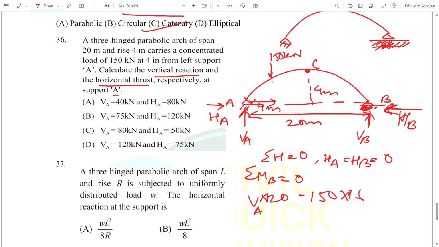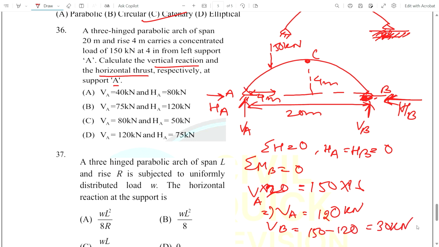We take minus because this is in the anti-clockwise direction. Now from here VA is equal to how much, you can calculate it from here. We get it as 120 by 20, that is 20 kilonewton, and VB is equal to 150 minus 120, it's 30 kilonewton. Now we got the value of the vertical reactions.